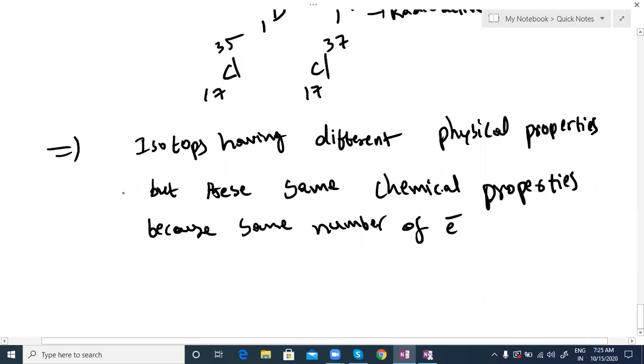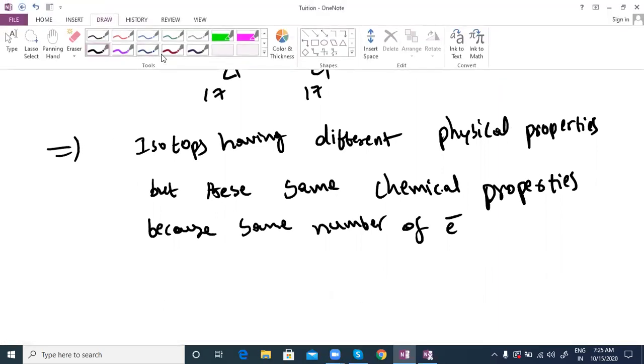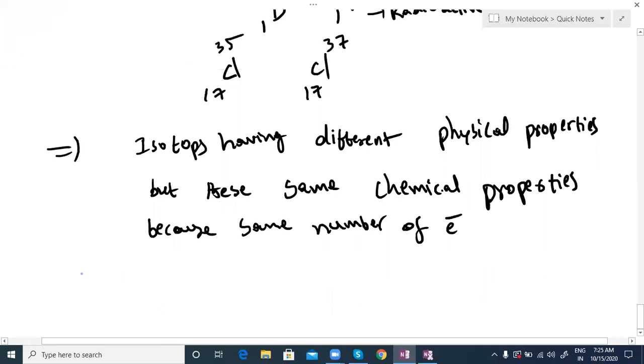Next, isobars. Iso means same. Isobars: same mass number actually.